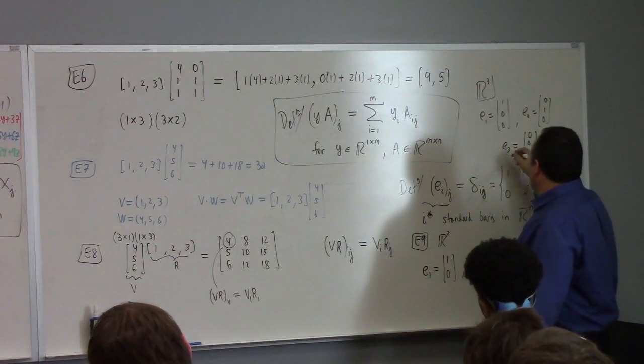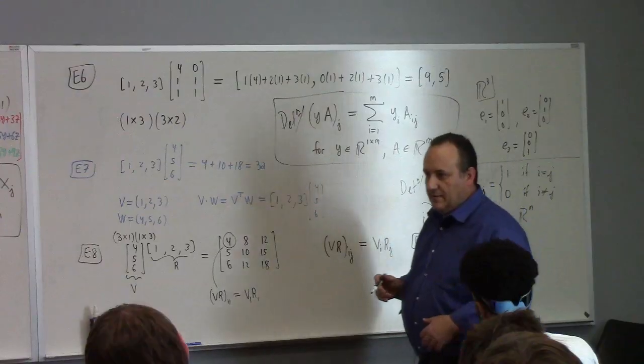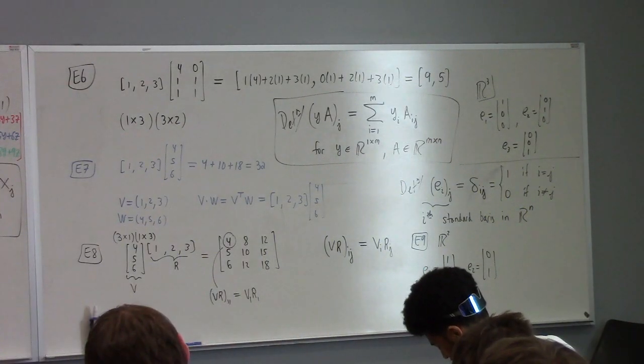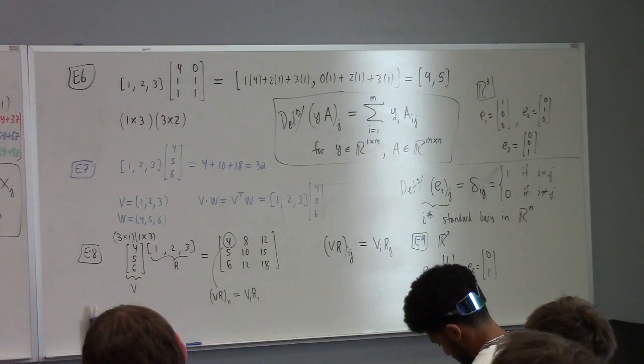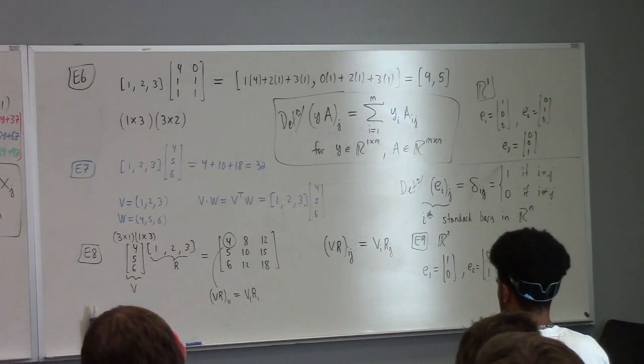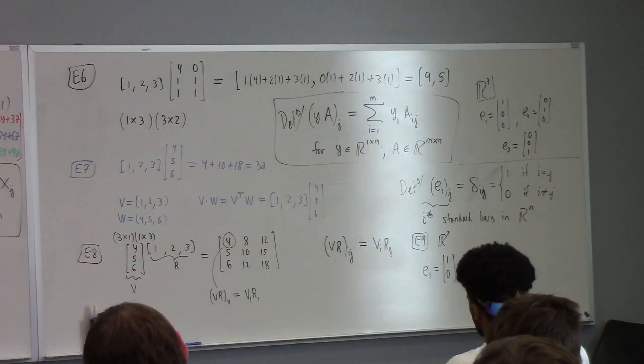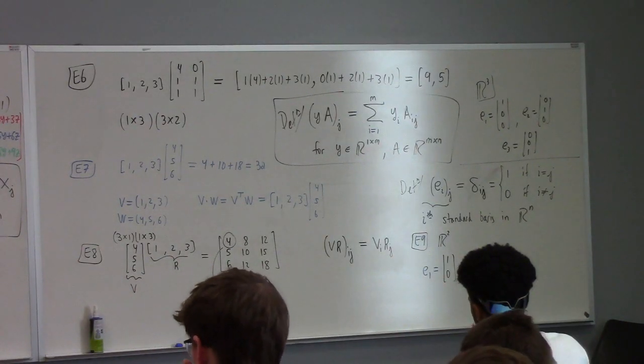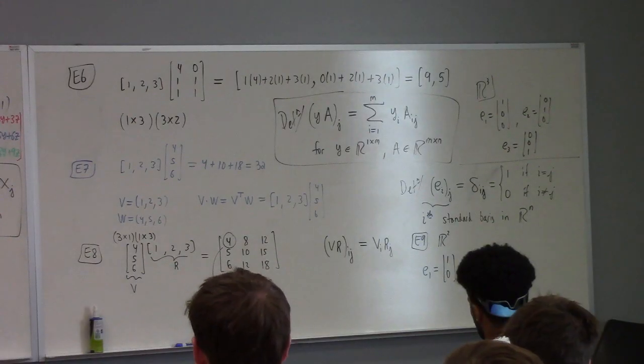So this notation has to be understood in context. What e sub i is, is a column vector where only one entry is non-zero, and that's whatever its label is. So e1 has a non-zero entry in the first component, e2 has a non-zero entry in the second component, but nowhere else.